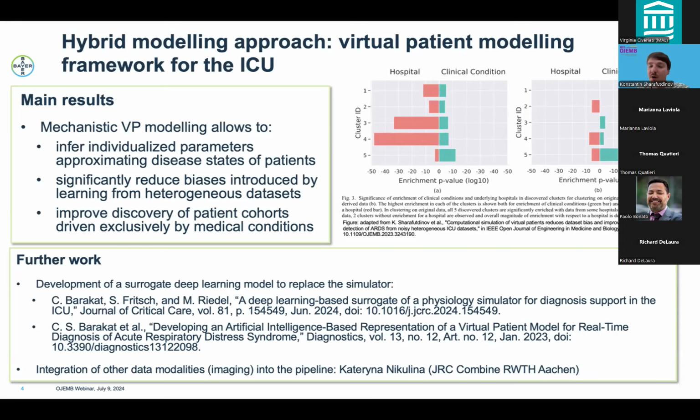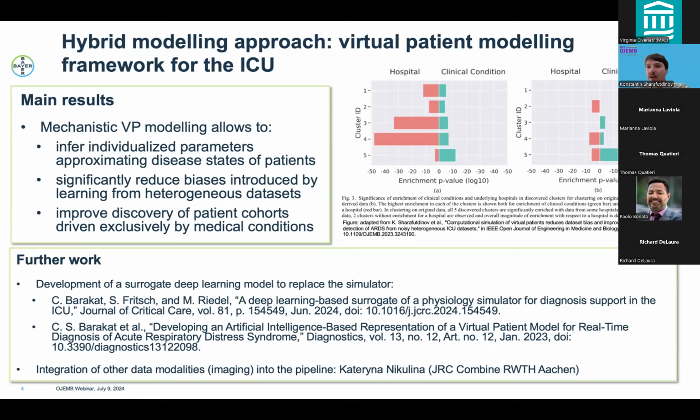However, when we utilize this model-derived data, we saw that the patients tend to cluster by condition. There is still some residual confounding with respect to hospital, but there are some clusters that are driven only by clinical conditions. And in the paper we also investigated these clusters and found that they make sense from a medical perspective.